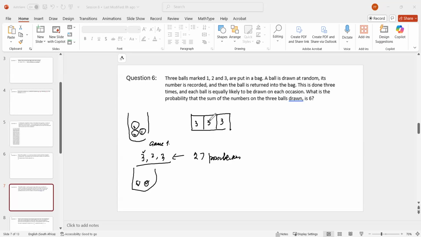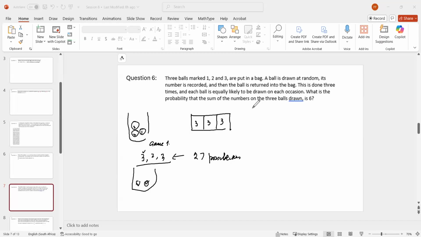Each one can be done in 3 ways. Right. Now, what is the probability that the sum of the numbers on the three balls drawn is 6? You've got 27 possibilities. What is the probability that the sum is 6?